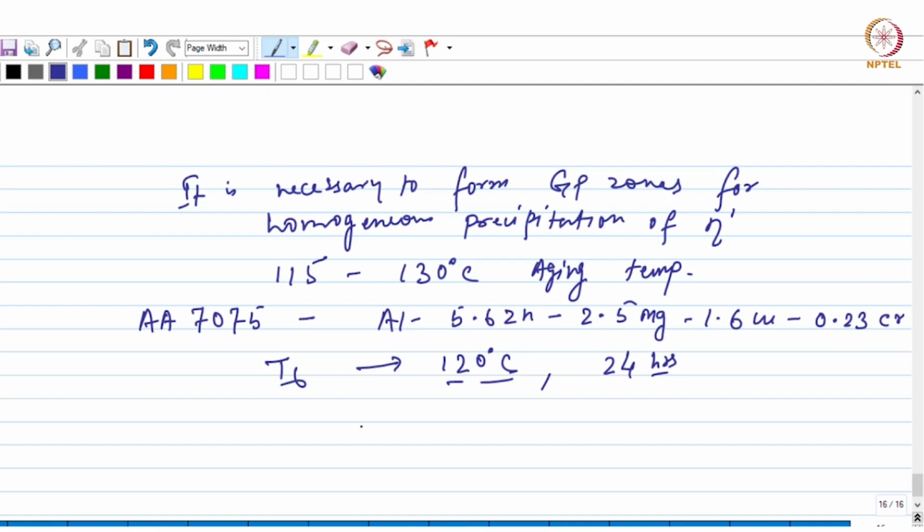And the precipitation sequence depends on the quenching rate.